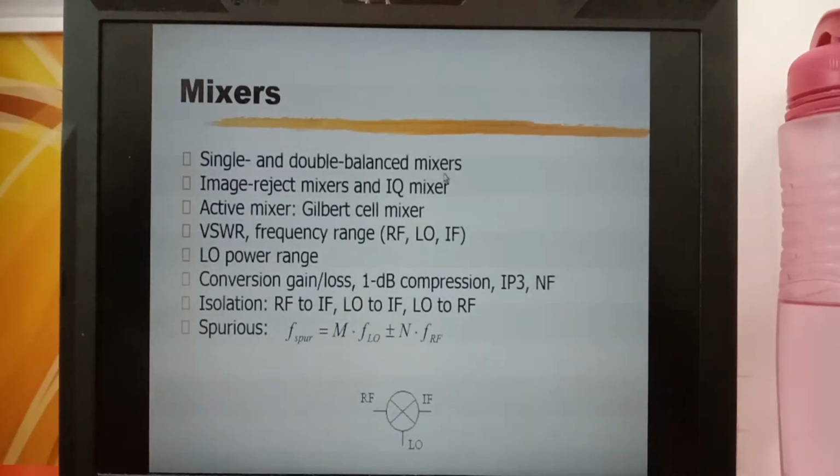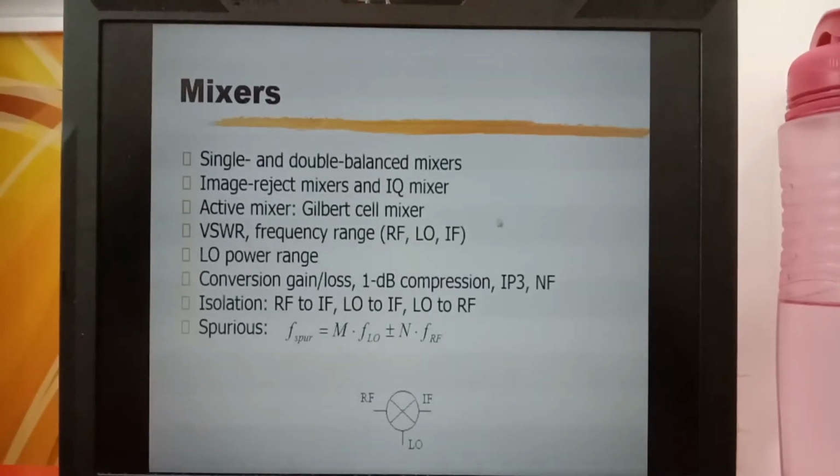That means we have a passive device, and there is no gain but loss in the mixing process. If we need some gain at the output, we can make use of an active mixer such as the Gilbert cell mixer.